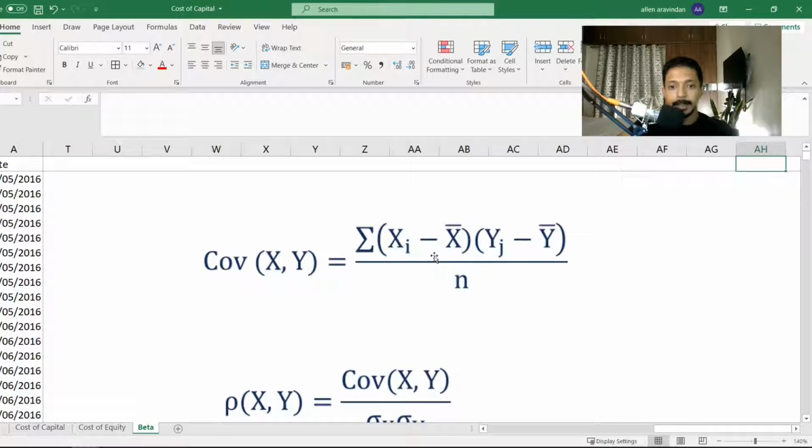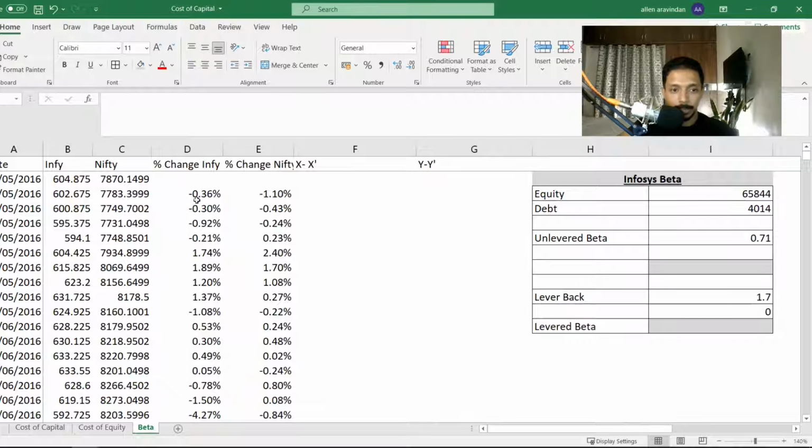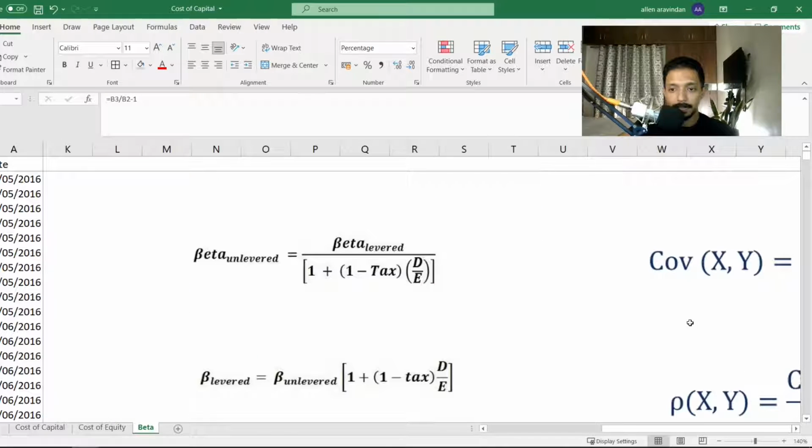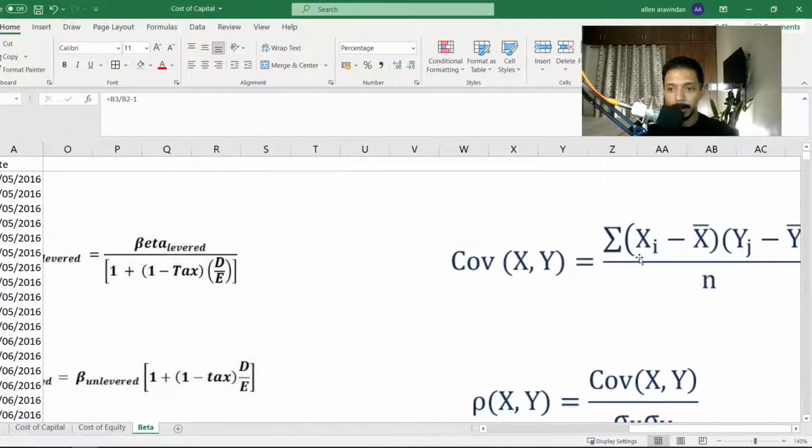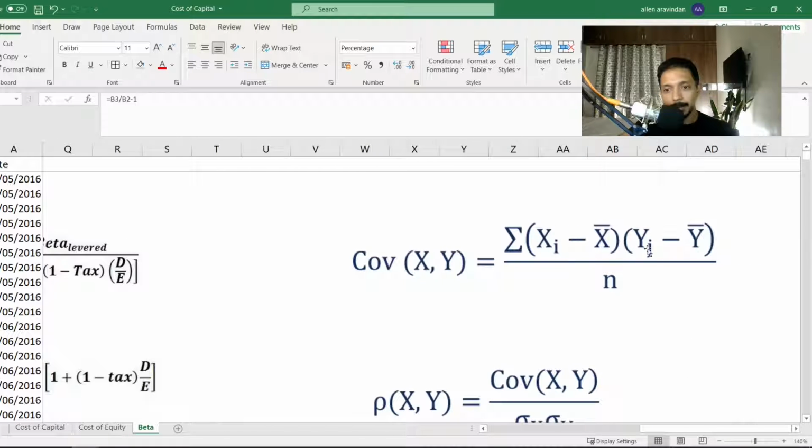This xi basically means each percentage change, and you are subtracting the mean, so you're finding the difference between a certain data point and the mean of that entire set, the mean of the average return. Then you multiply this by the same thing for Nifty: the individual daily Nifty percentage change minus the mean return of Nifty, and then you divide by n, the number of observations.